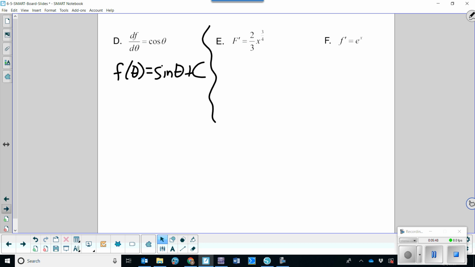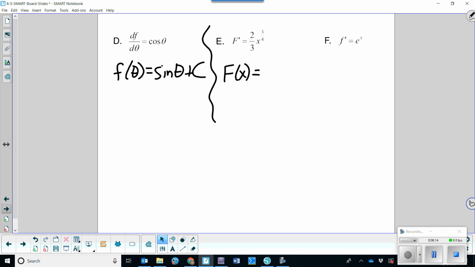Now, on this next one, I want you to think through a little bit what you do when you have a power. So the way we would do a derivative is we would multiply by the power in front and then lower the power by 1. Integration is an antiderivative, so we are going to do them in reverse order and do sort of the reverse function.